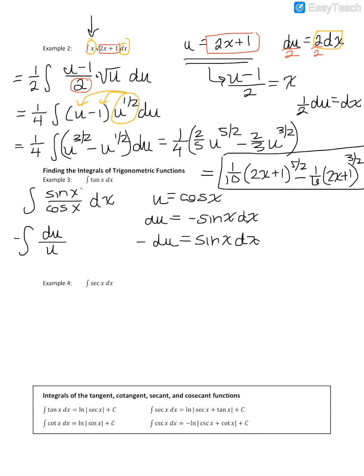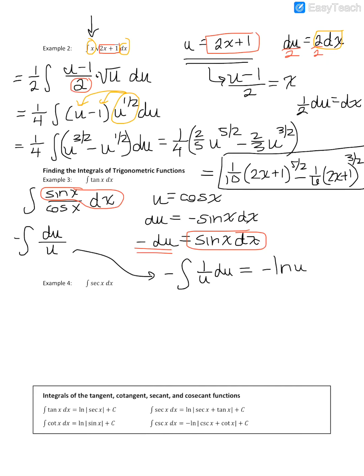Notice here my sine x dx was here, so I have a negative du going in for that. All right, I'm going to rewrite it real quick so it looks a little nicer. Integral of 1 over u is natural log. We know that. And now I just want to plug in.